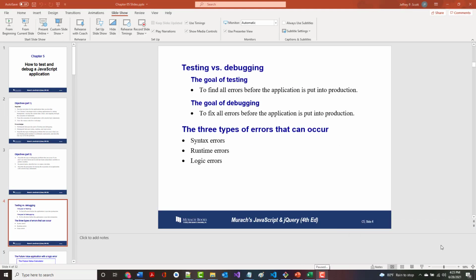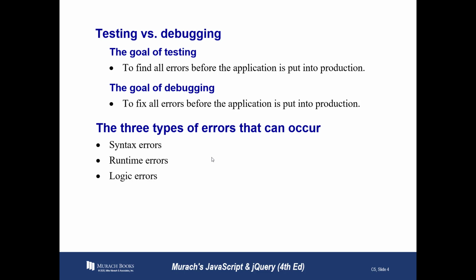To continue on, there are three types of errors that can occur in a program. The first type is a syntax error, and that's an error in the rules of the language. It can be something as simple as, typically, JavaScript does not require a semicolon at the end of a line, but there are exceptions.